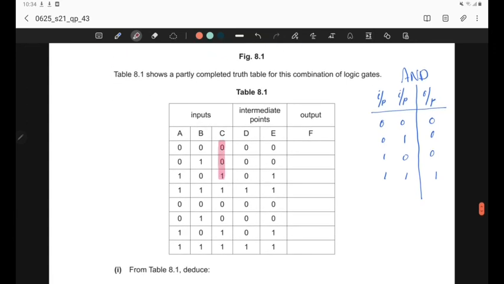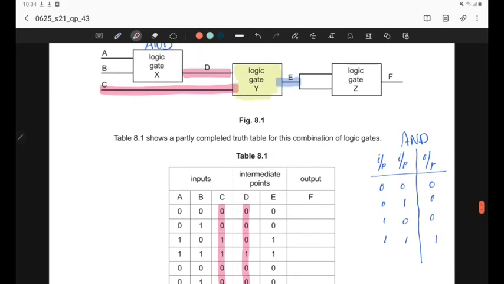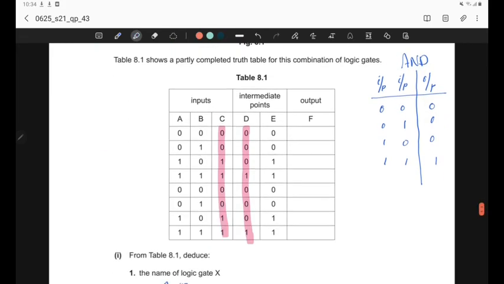So these C and D are the inputs and this is the output of logic gate Y.